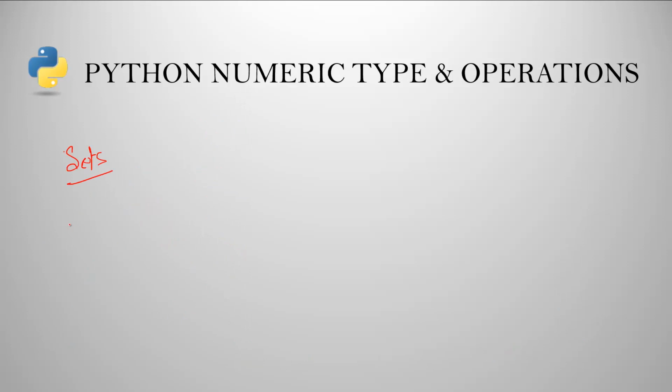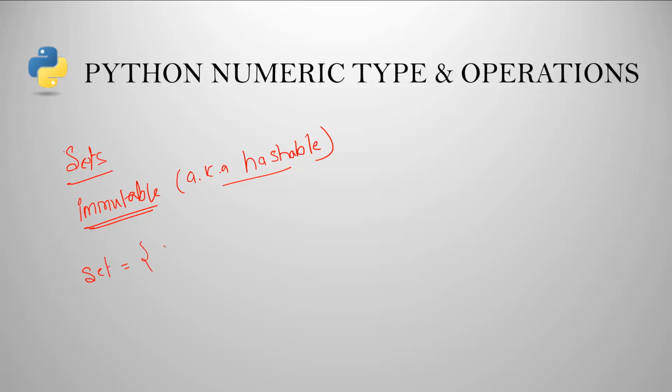Sets only contain immutable objects, also known as hashable. Hence lists and dictionaries cannot be embedded in sets. For example, if you want to create a set like this, Python will throw an error.